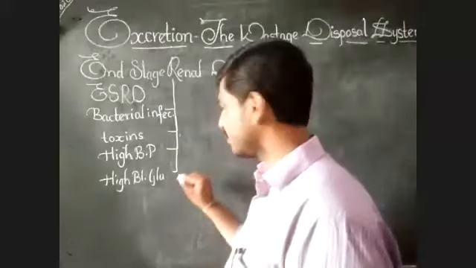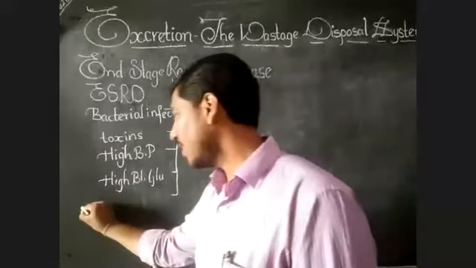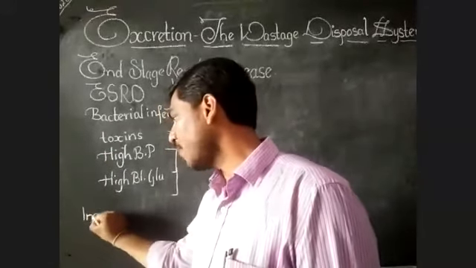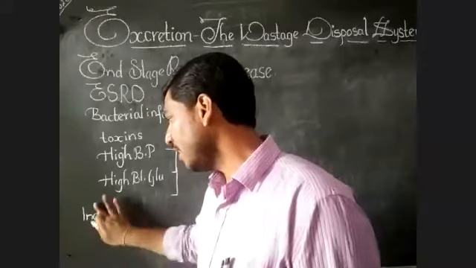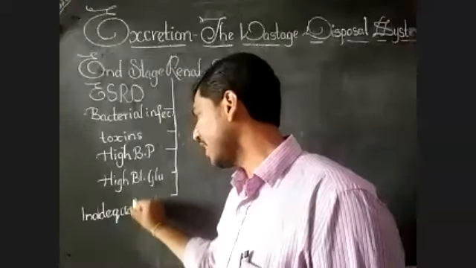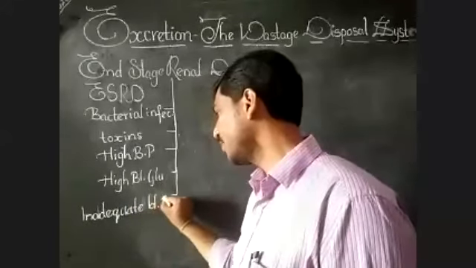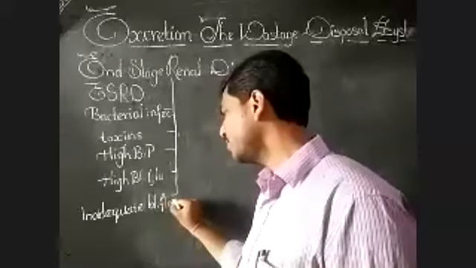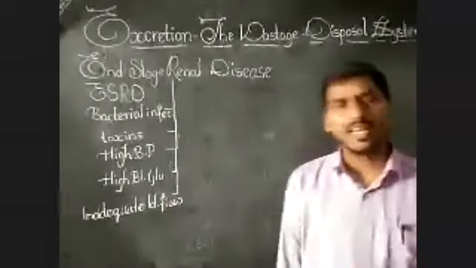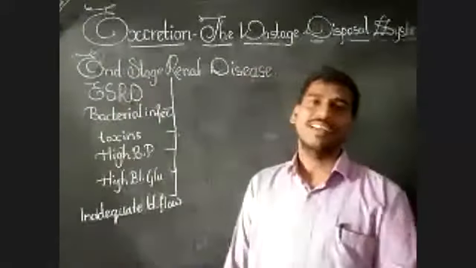Now we are going to look at the opposite one, which is inadequate blood flow. That means blood is not flowing properly through the kidneys, because the volume of water is less.